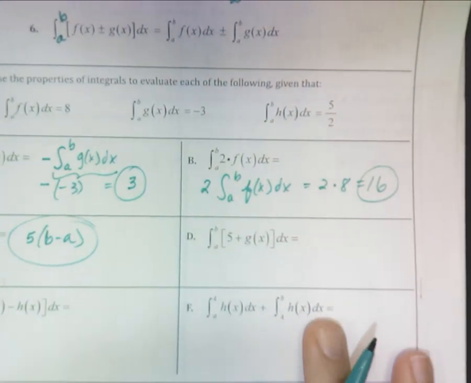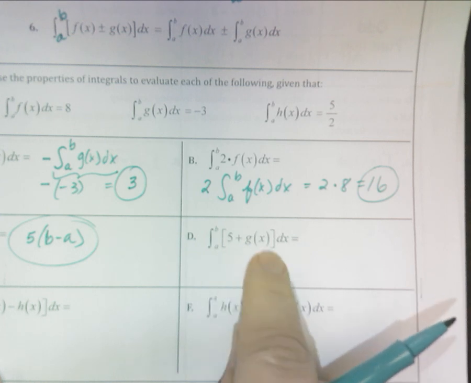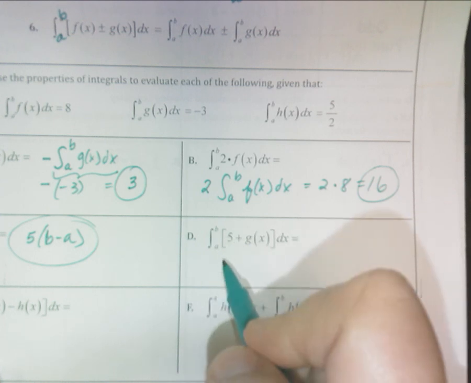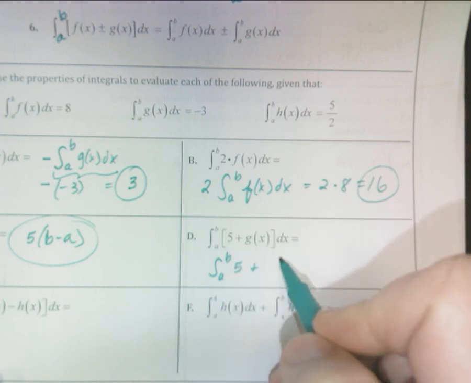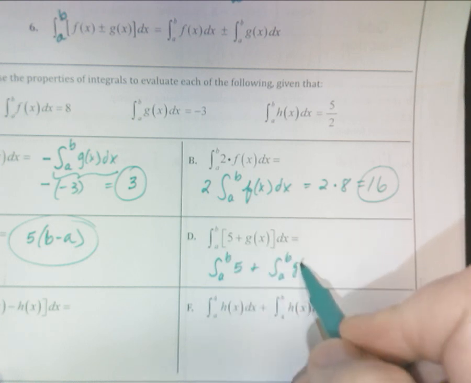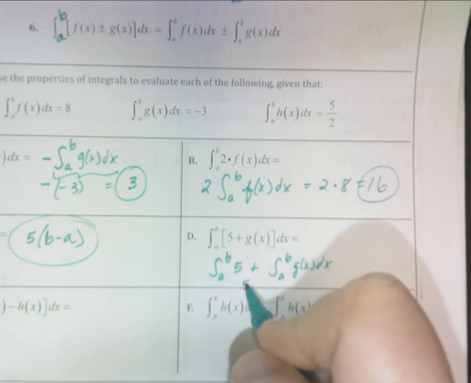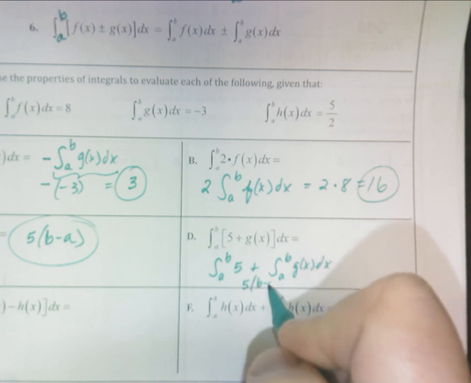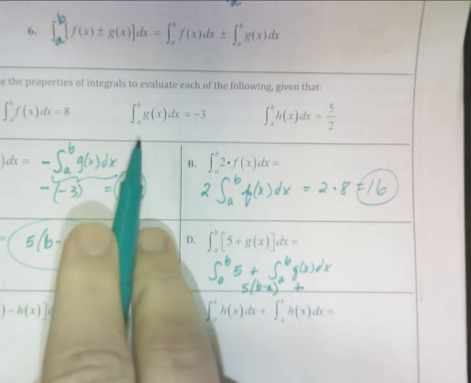Okay, part D, I'm adding two different integrals together. So I would take the integral of each, the integral from a to b of 5 would be 5 times b minus a, plus the integral from a to b of g of x, well, that's up here.